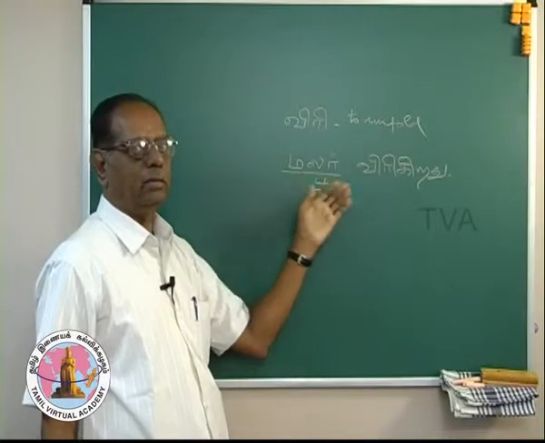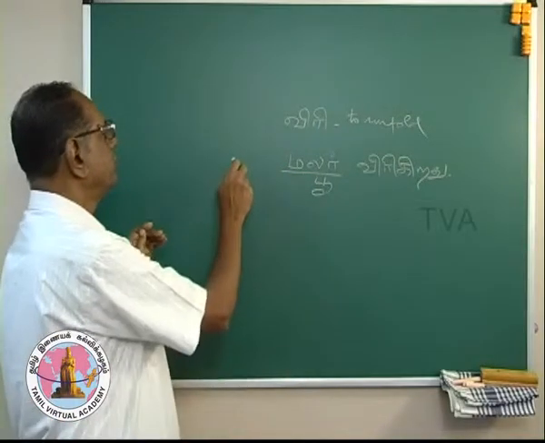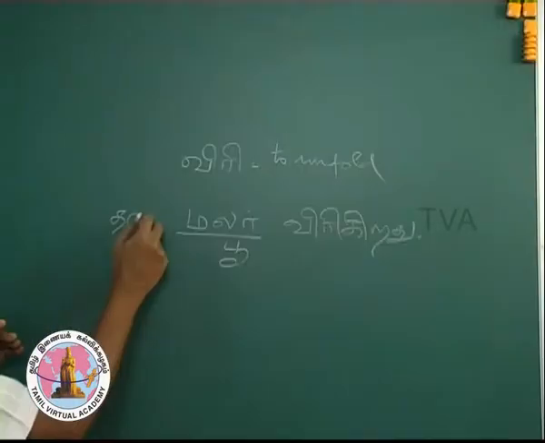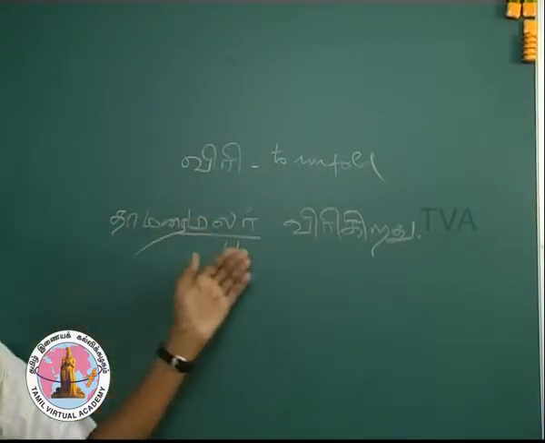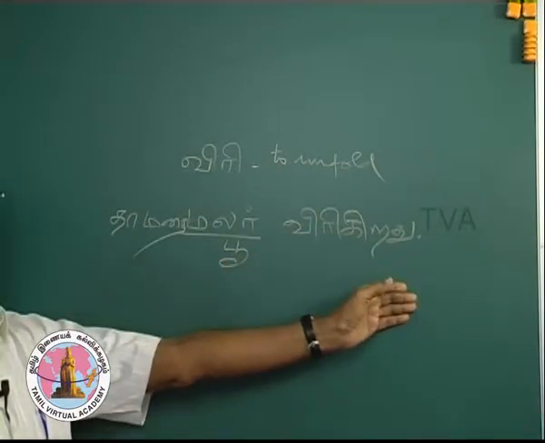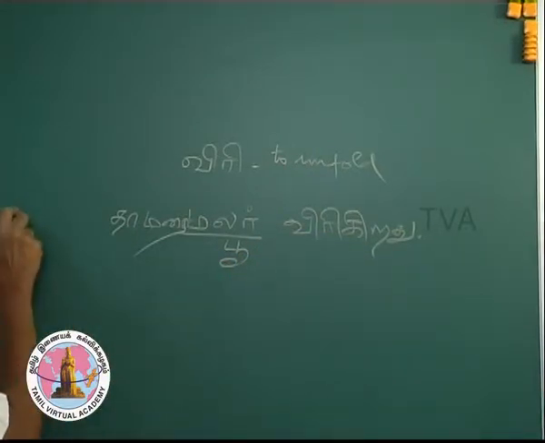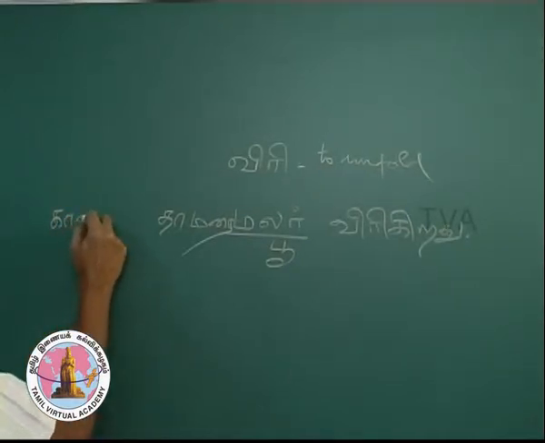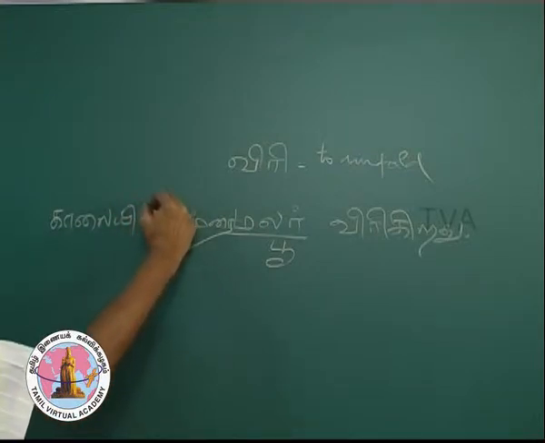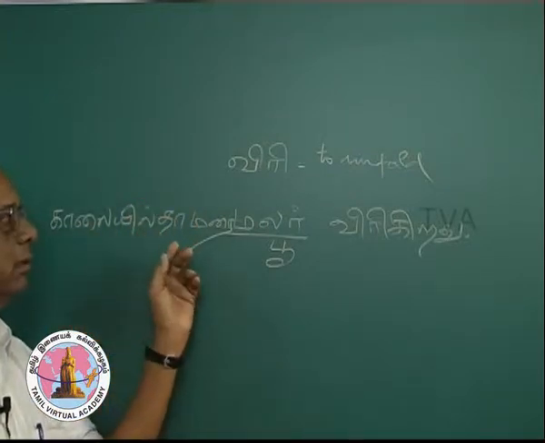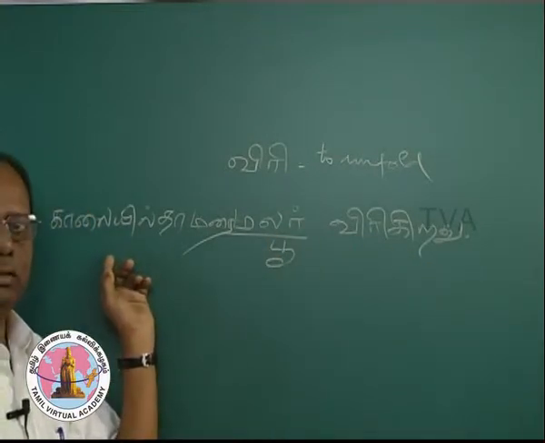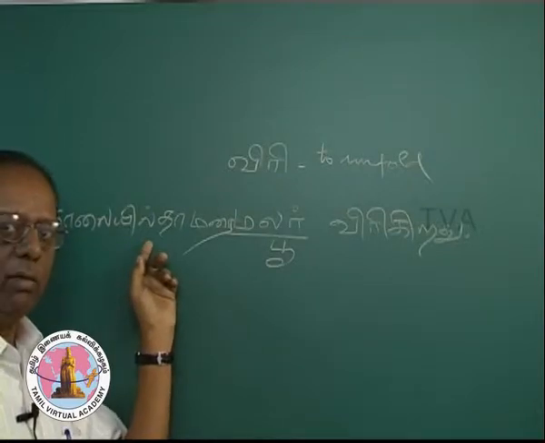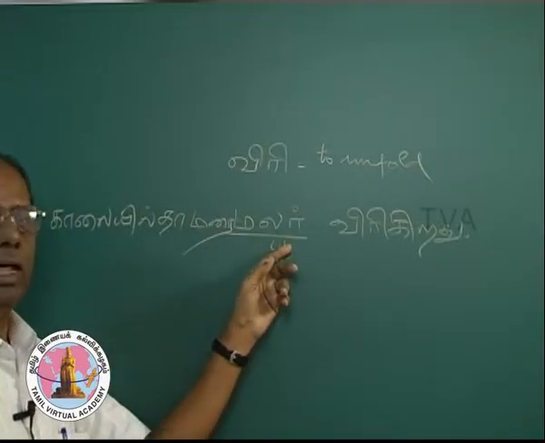Let us have a bigger sentence. தாமரை மலர் விரிகிறது. One more word. காலையில் தாமரை மலர் விரிகிறது. காலை, morning. காலையில், in the morning. தாமரை மலர்.